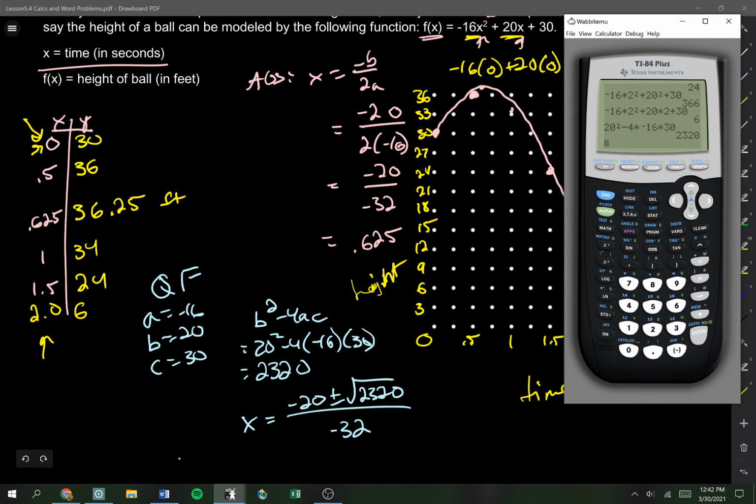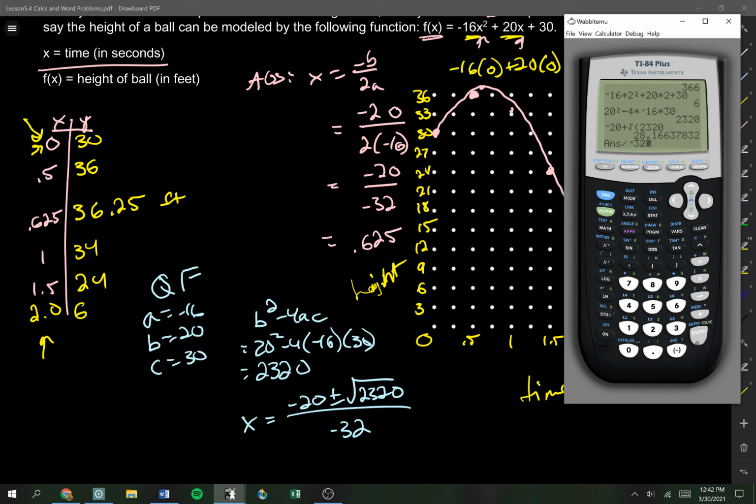So I'm going to run the quadratic formula. I get negative 20 plus the square root of 2320, and I calculate that, and divide that by negative 32.